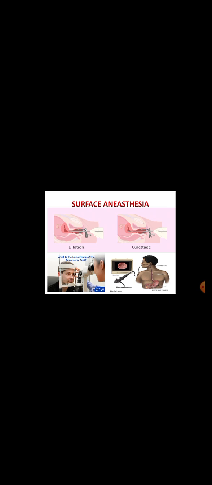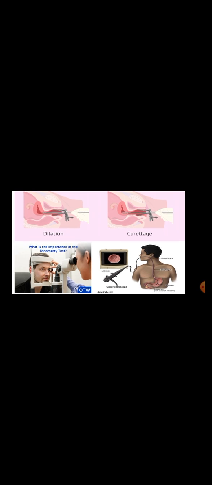When we are doing an endoscopy, we are applying it not over the skin, but to the tube, so that the reflexes can be prevented when we are inserting the tube into the nose, the throat, or through the anus into the rectum. It decreases the reflexes, and the pain sensation can also be decreased.